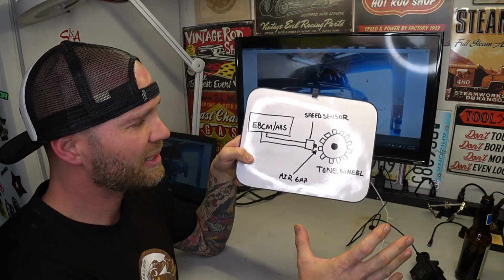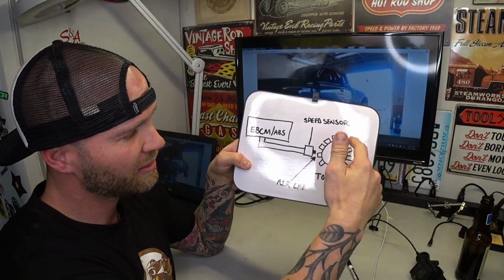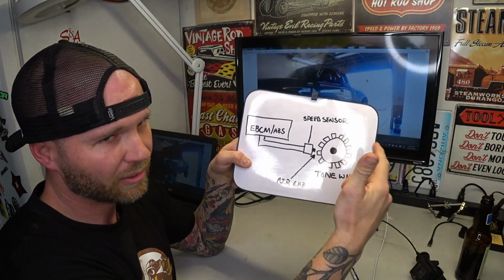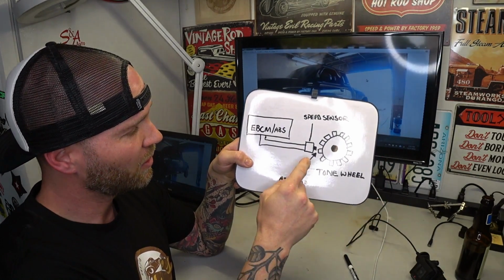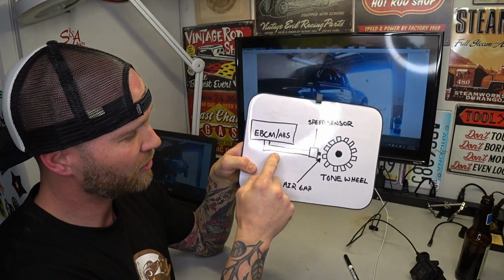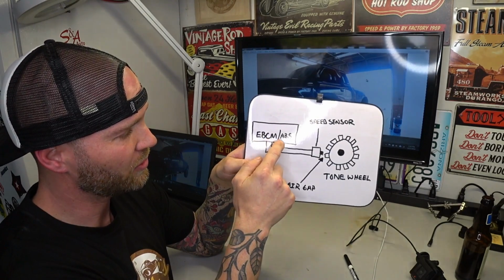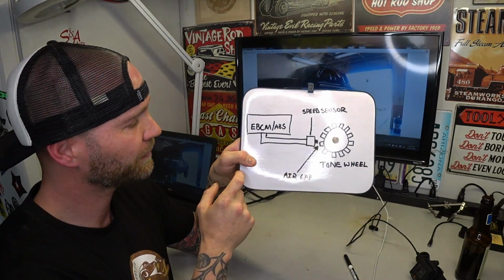There's a bunch of different ways that it can be mounted onto the vehicle, but it rotates as the wheel rotates. So right here, this is the speed sensor. It's a 2-wire sensor, and these wires come up to the electronic brake control module, the ABS.